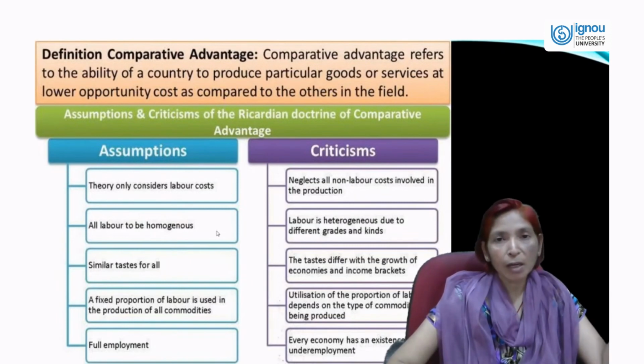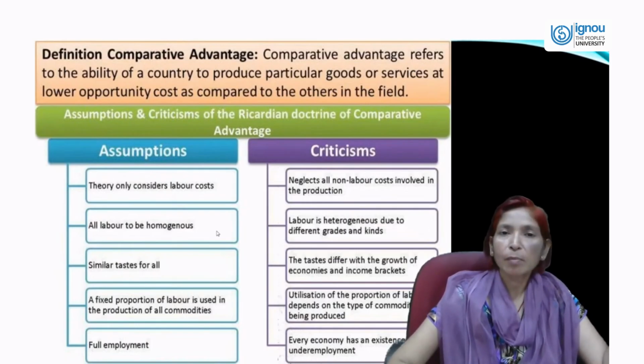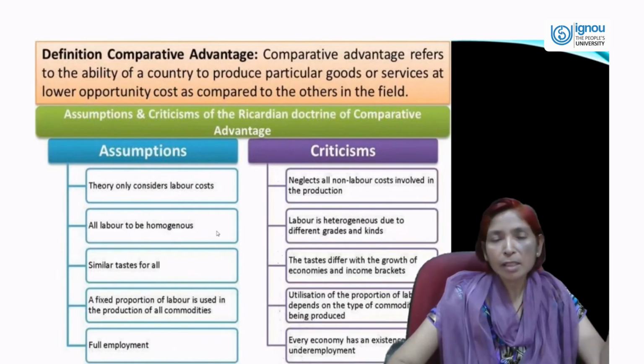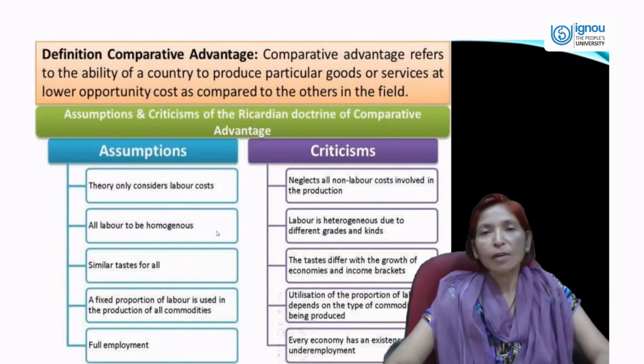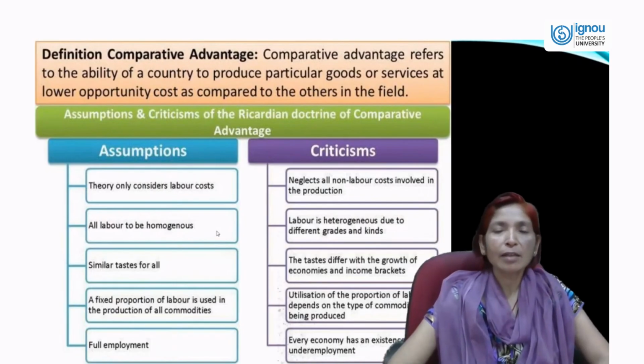It may not always remain constant or fixed. The next assumption is full employment, which is a very rare situation. Full employment does not exist in a developed or in a developing country. So these are the assumptions of the comparative cost advantage theory, which was explained by David Ricardo.